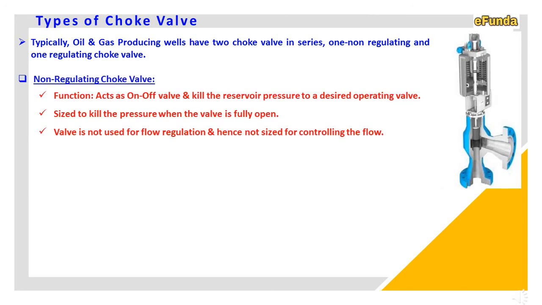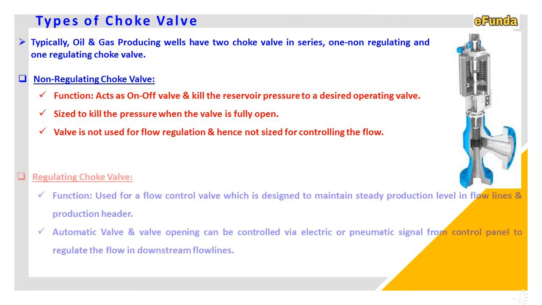The non-regulating choke valve functions as an on-off valve and kills the reservoir pressure to a desired operating value. It is sized to kill pressure when the valve is fully open. The valve is not used for flow regulation and hence not sized for controlling the flow.